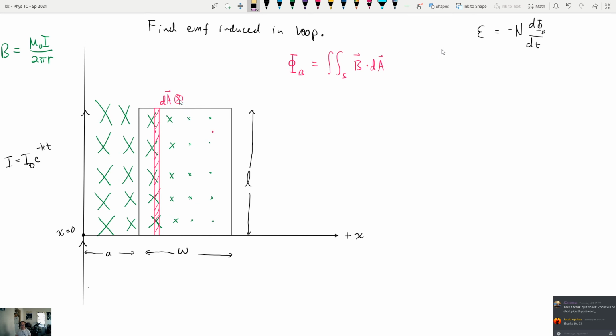But the reason why I chose the area vector to point in is because the area vector needs to be consistent with the current direction. I left that part out. This question would be super easy to answer if I had just already written this on here. What direction is the induced current in my loop going to be in this case?